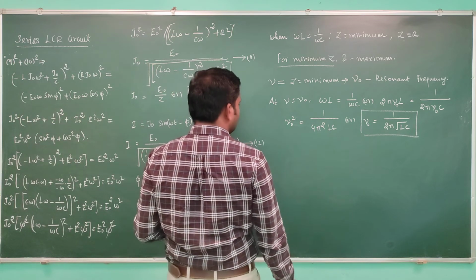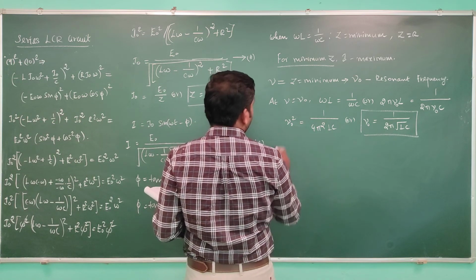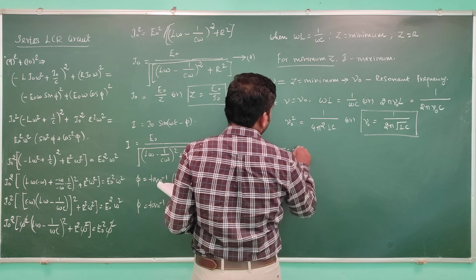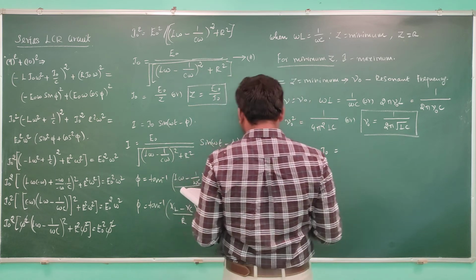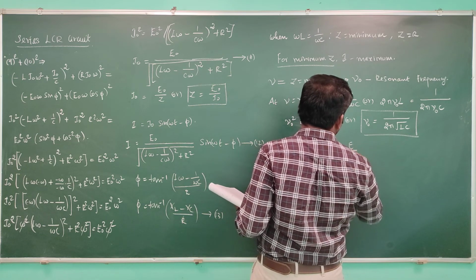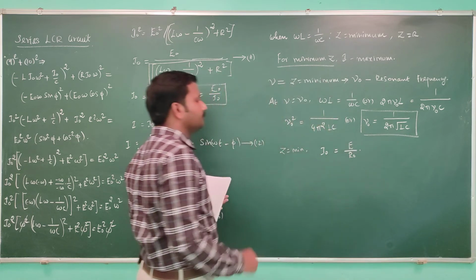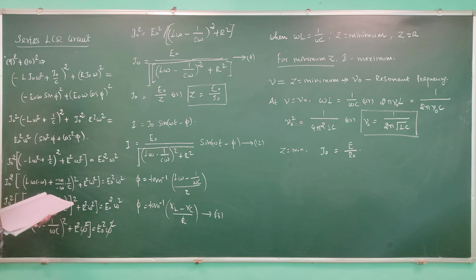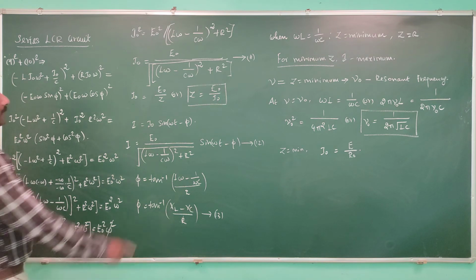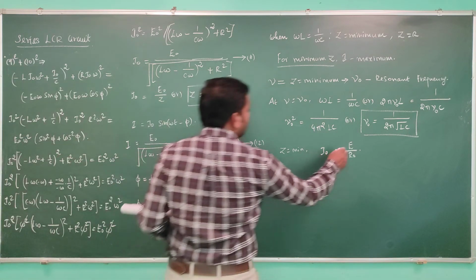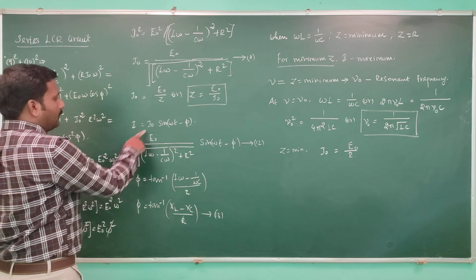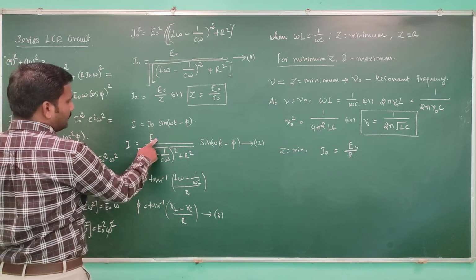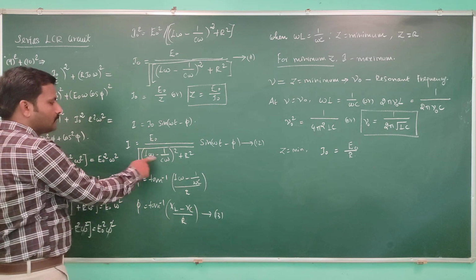When Z is minimum, the maximum current is observed, that is E naught by R. In this case I naught is nothing but E naught by R, because these two terms cancel each other.